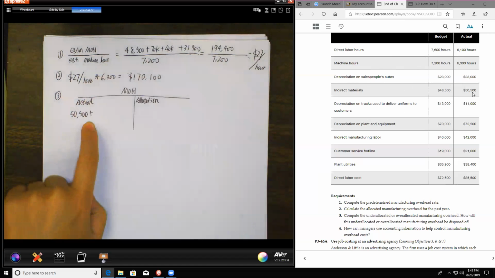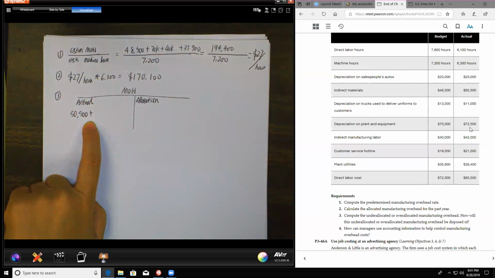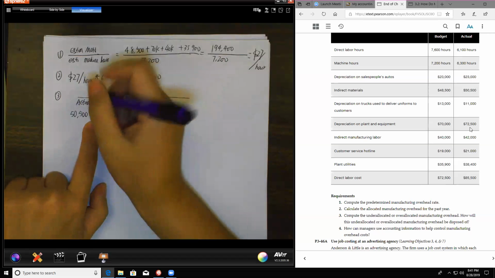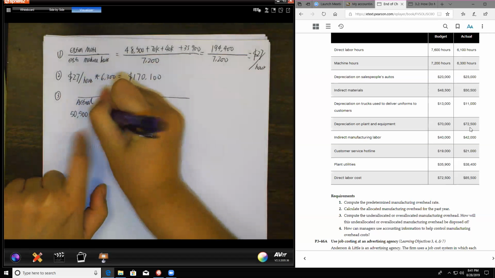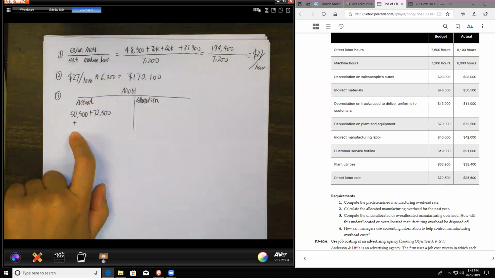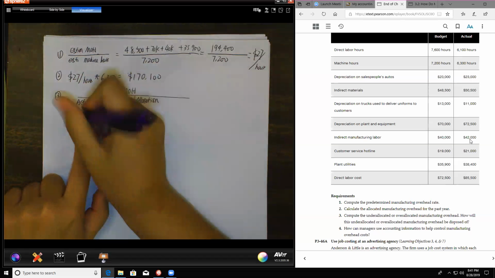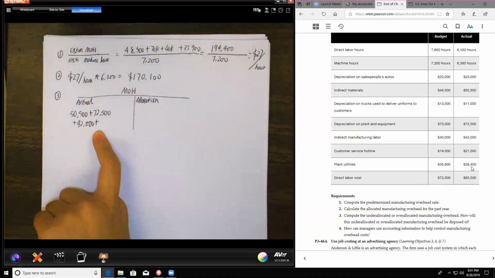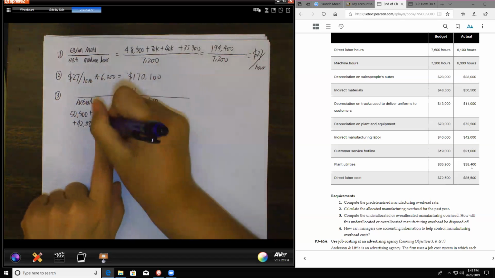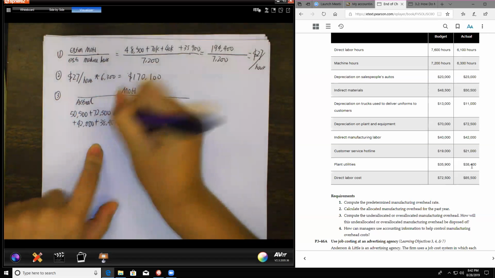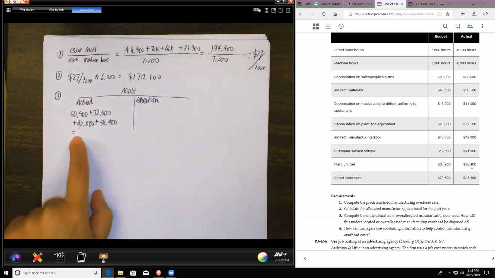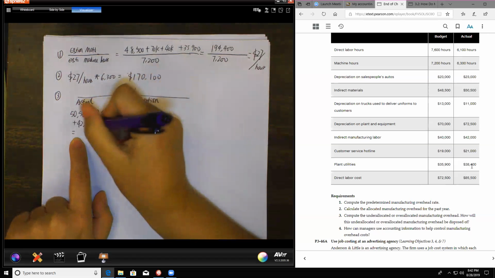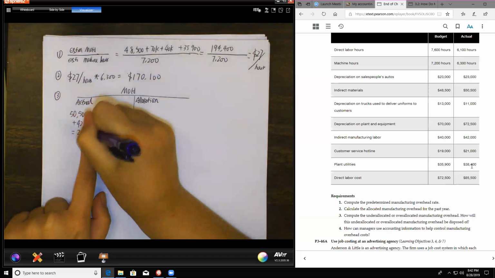We said that is a period, so from this, indirect material will be 50,500 plus this one, 72,500, plus indirect actual 42,000, plus plant utility actual 38,400. So that gives you a total of 203,400.